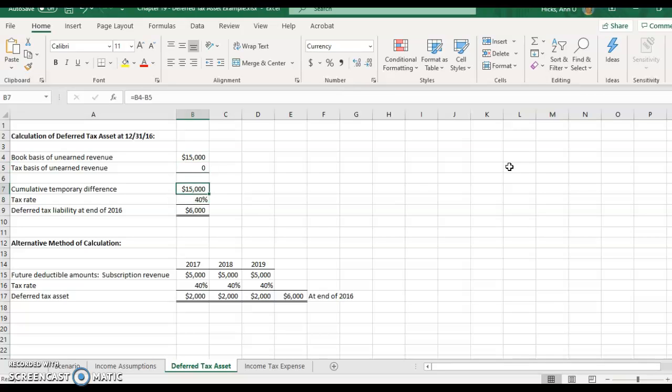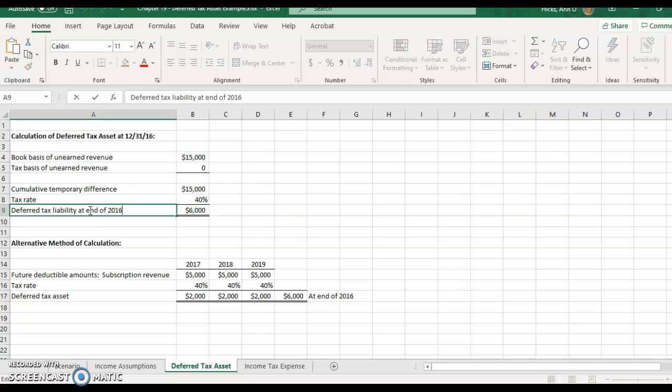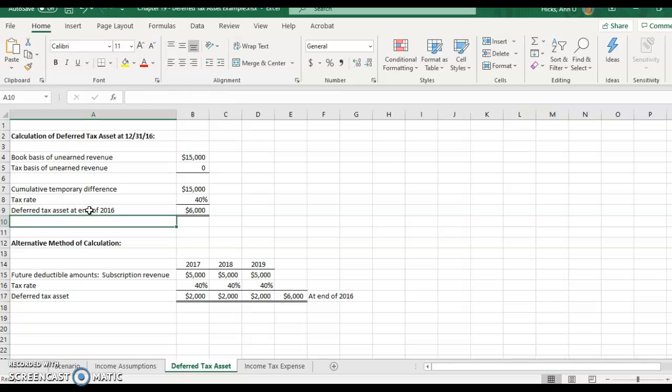That leaves us with a temporary difference of $15,000, which at a tax rate of 40% is a deferred tax asset at the end of 2016.